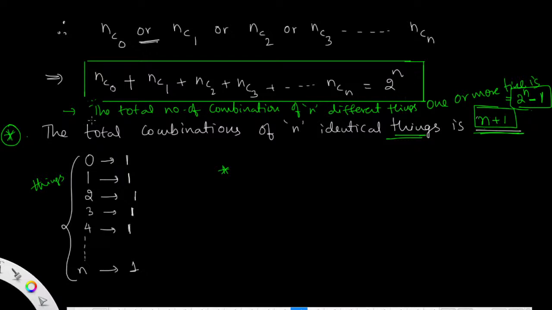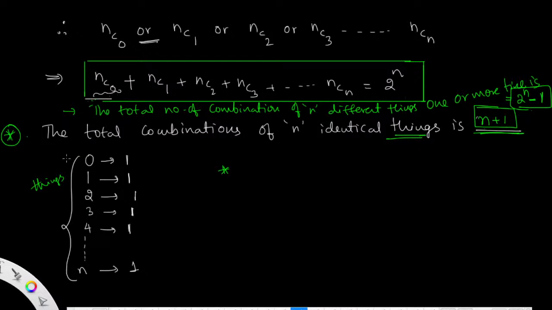So the total number of combinations of n different things taking one or more things: this term nC0 should not be there, so we can eliminate it. That gives 2 power n minus 1.